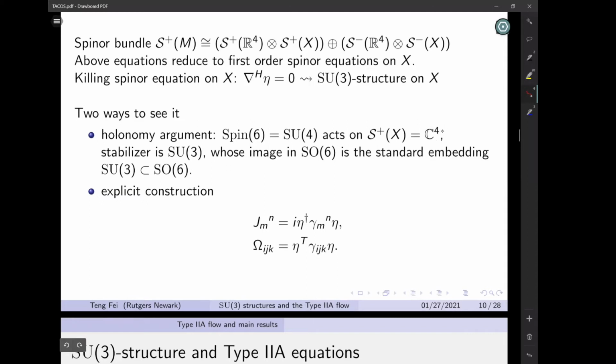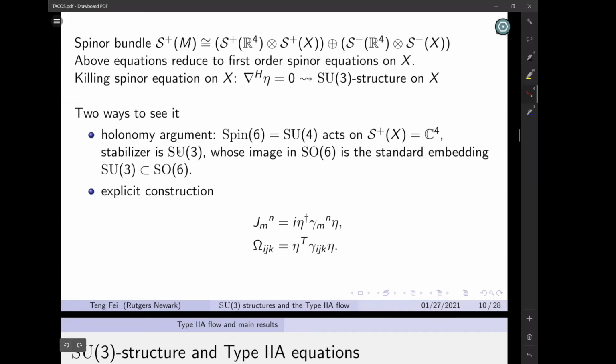And if we look at a point which is not 0, that corresponds to the spinor eta, then its stabilizer is SU3. Okay. And you look at the image of this SU3 in the SO6. Because we know the Spin(6) to SO6 is a double cover, and SU3 sits inside Spin(6).